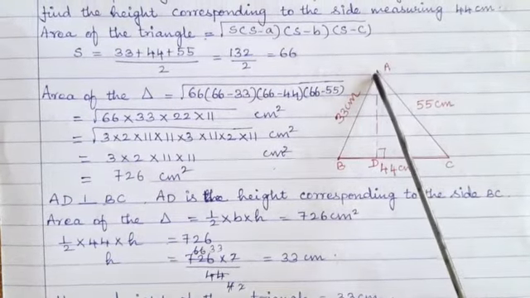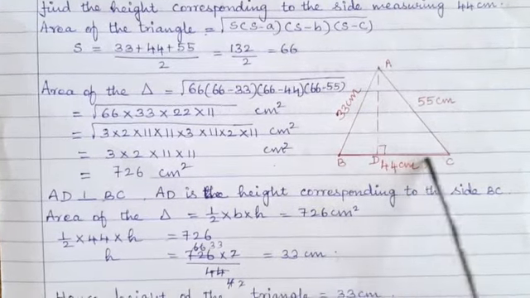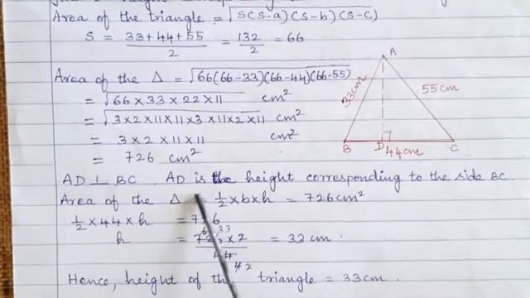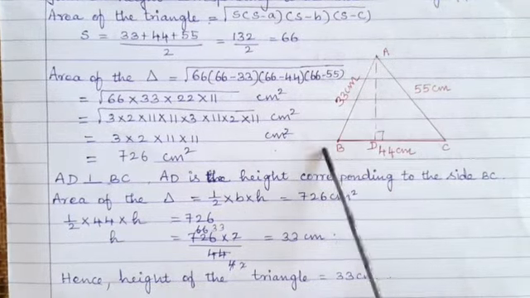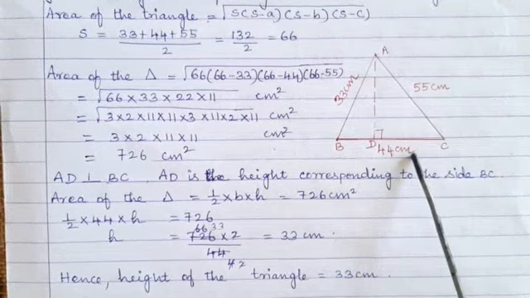Now we have to draw the perpendicular AD. AD is perpendicular to BC. So AD is the height corresponding to the side BC, 44 centimeter.